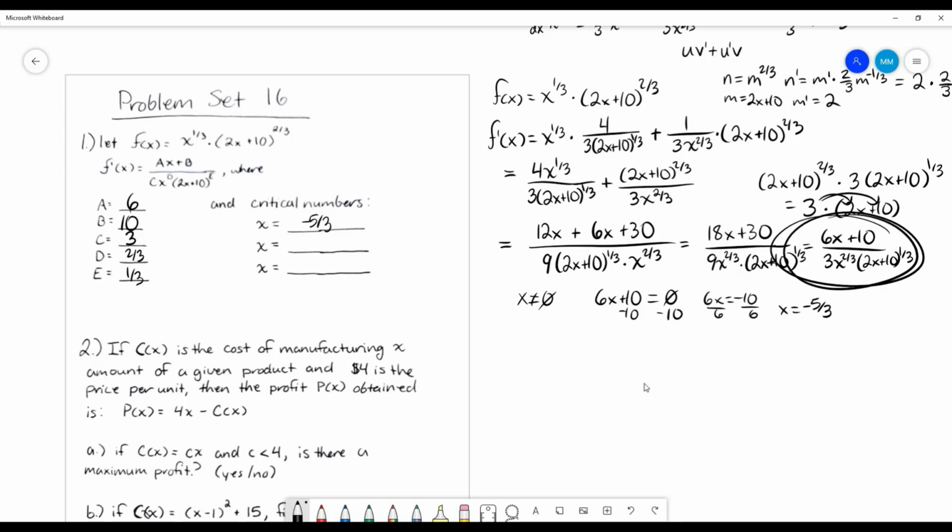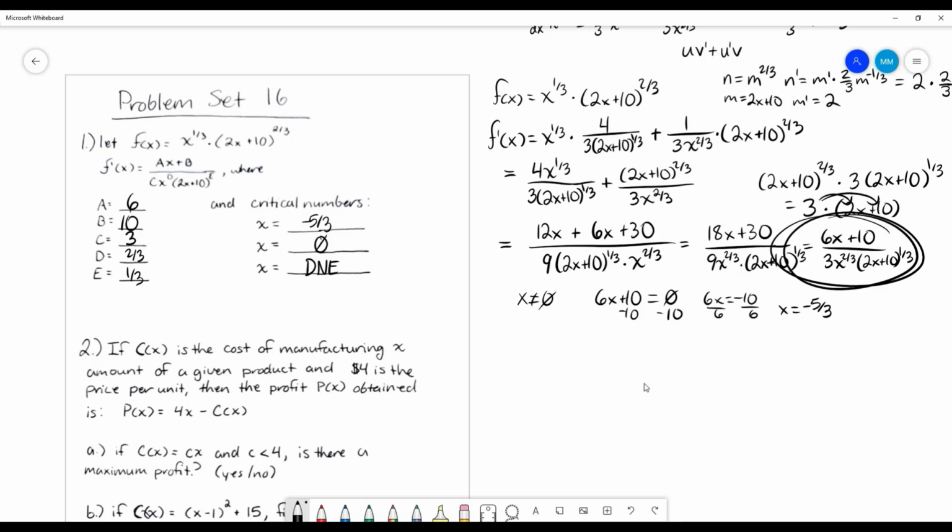The 0 is outside of our domain, but it is a point that we would want to look at how stuff moves around it. So we might consider 0 a critical number. I don't remember if our homework considers that a critical number or not, but I am going to write it for right now. And then we don't have another one.